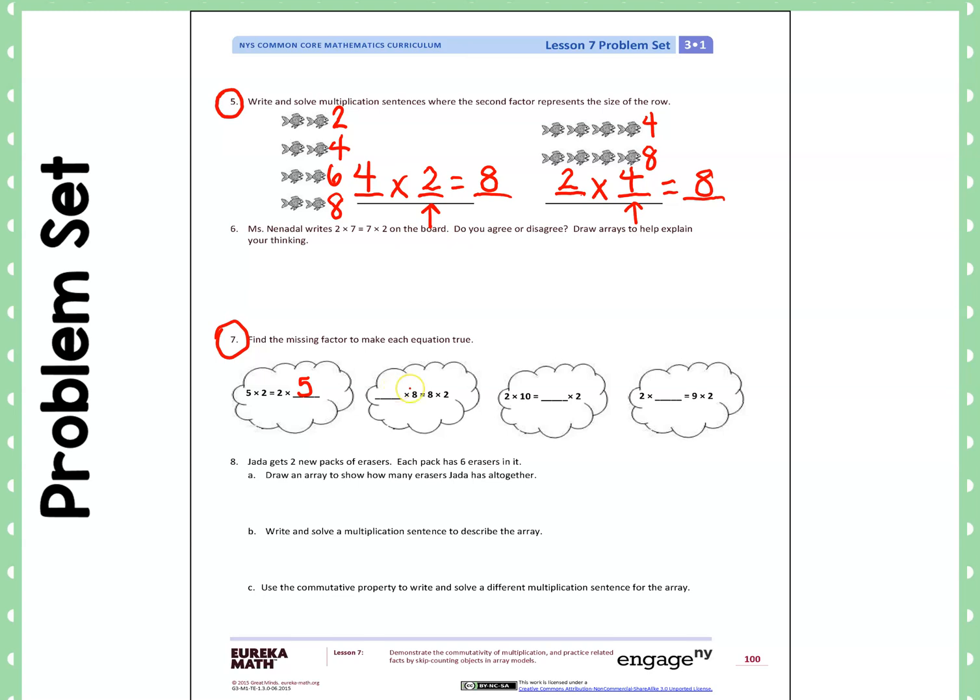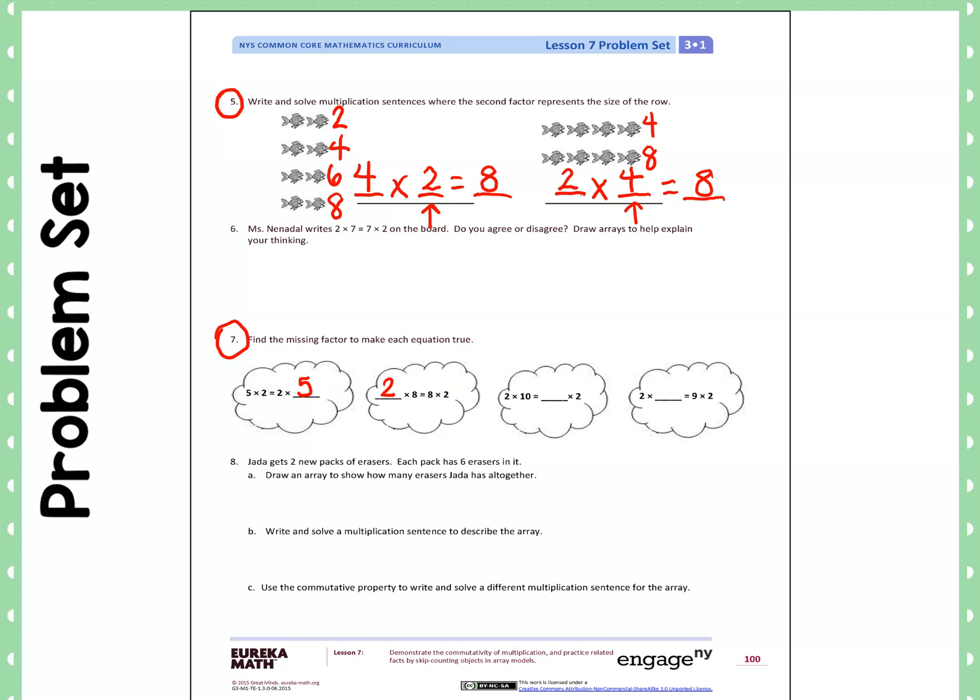Okay, so blank times 8 equals 8 times 2. Okay, what number would we put in the blank to make the equation true? Which number is missing? 2. So 2 times 8 equals 8 times 2. Our next problem, 2 times 10 equals blank times 2.